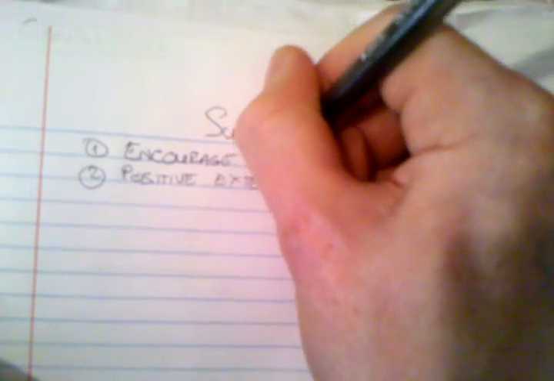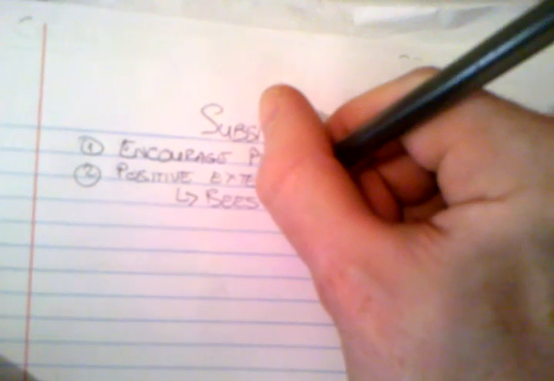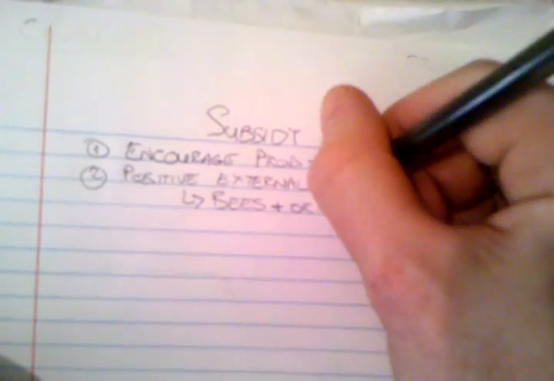They are goods with positive externalities, such as bees in orchards or education.